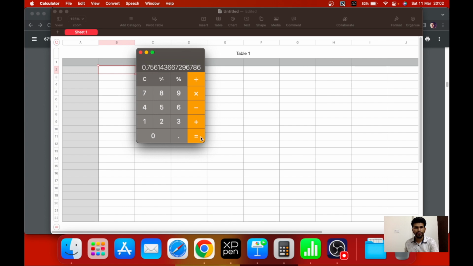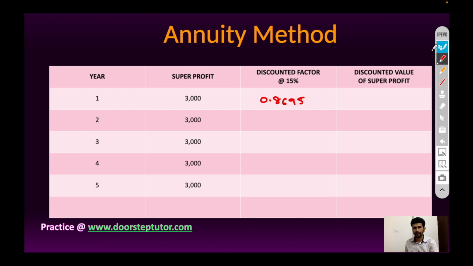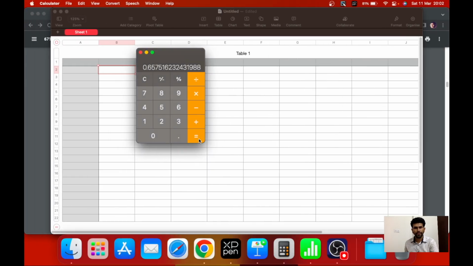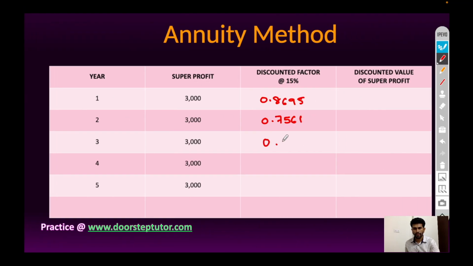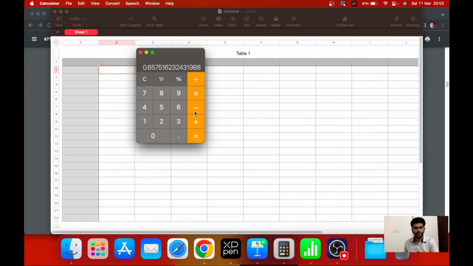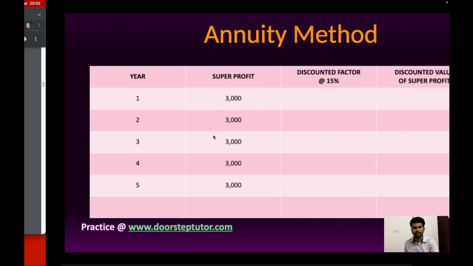Next, 0.7561. Next, 0.6575. Next, 0.5717.